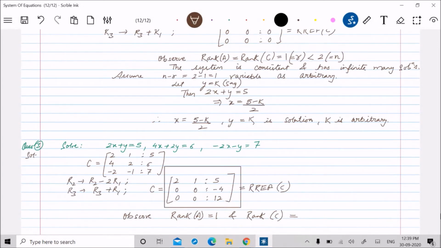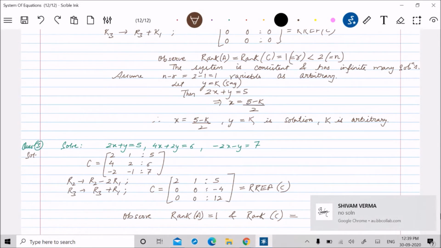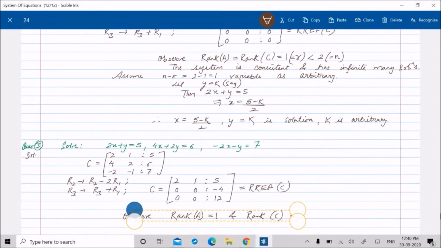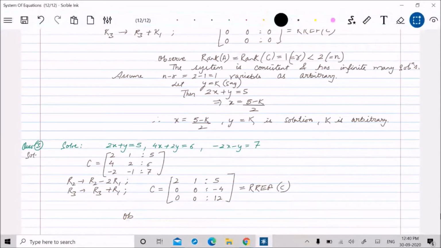Sorry, no. Actually, I missed one step. This is not correct, I have to remove this. Actually, the last form is not an echelon form. This is absolutely wrong, sorry.